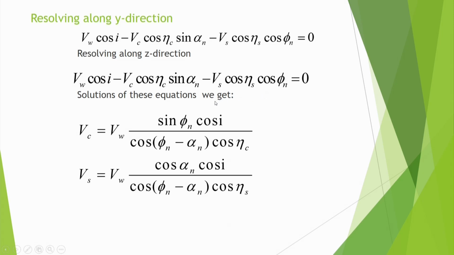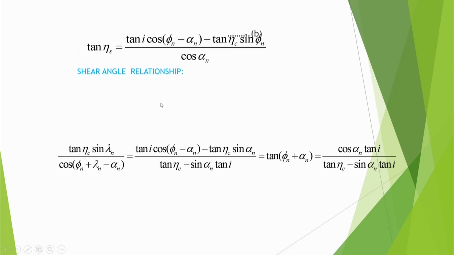The solution of these equations gives Vc equal to Vw sin phi n cos I divided by cos(phi n minus alpha n) cos eta c, and Vs equal to cos alpha n cos I divided by cos(phi n minus alpha n) cos eta c, and tan eta s is defined as (tan I cos(phi n minus alpha) minus tan eta c sin phi n) divided by cos alpha n.